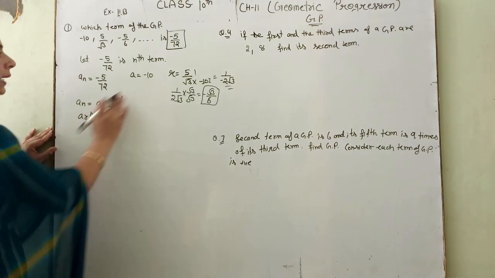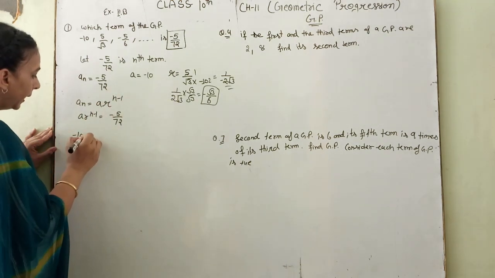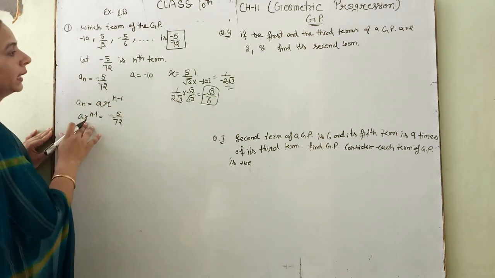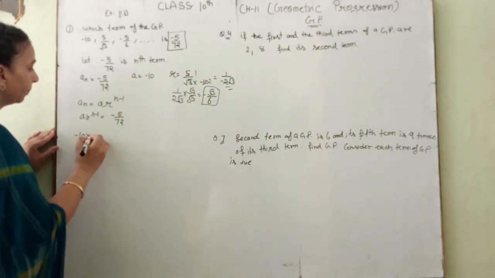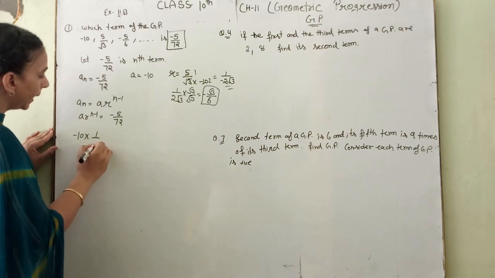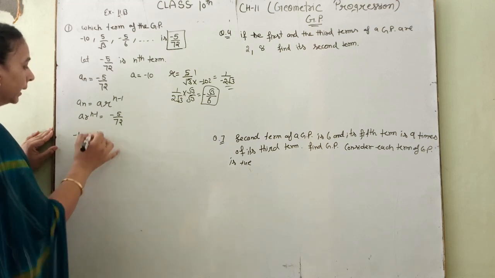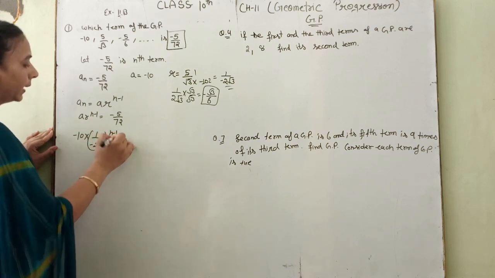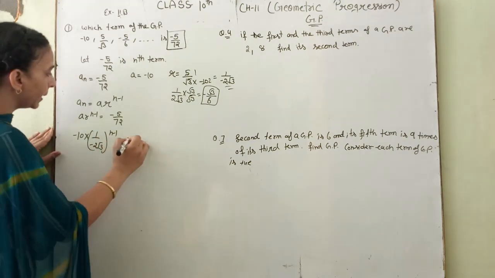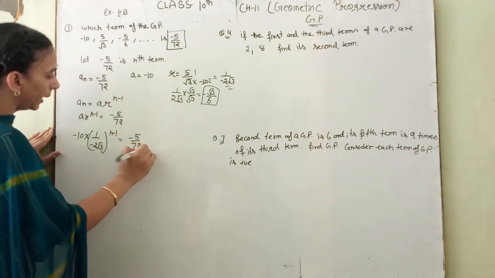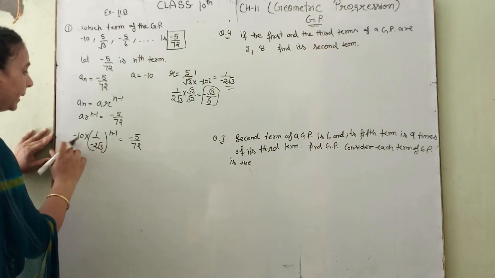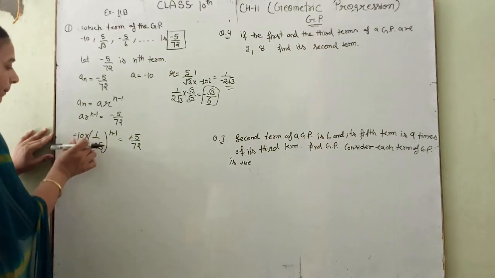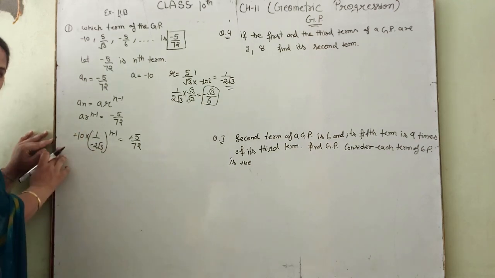In place of a there is minus 10, and in place of r there is 1 by minus 2 root 3, raised to the power n minus 1, and this equals minus 5 by 72. Then minus and minus cancel directly, because this is minus with the 10.